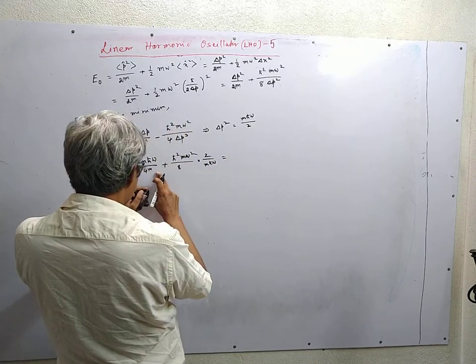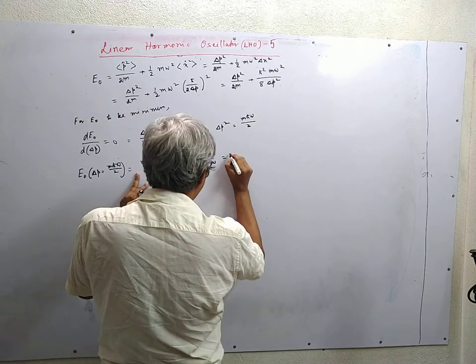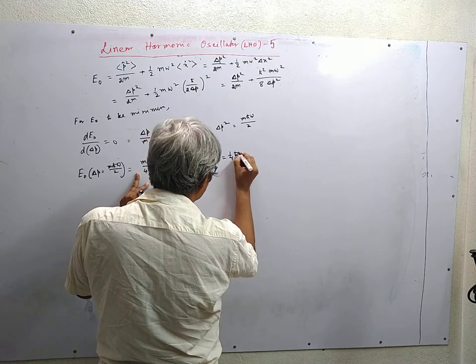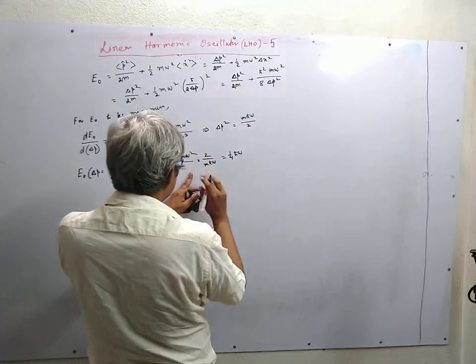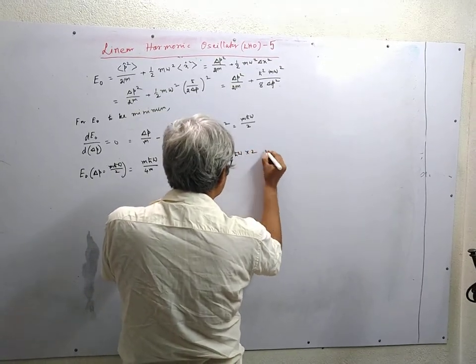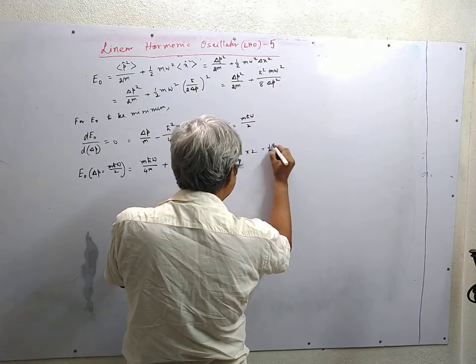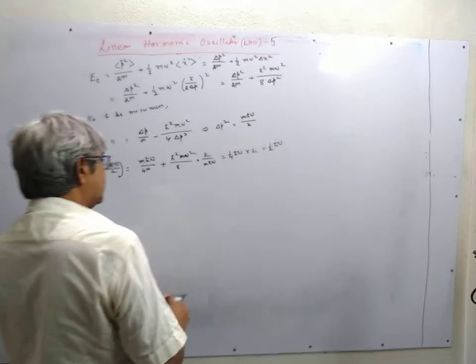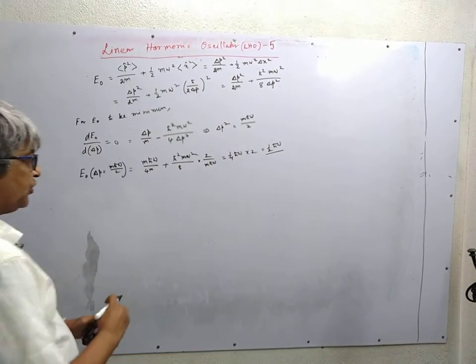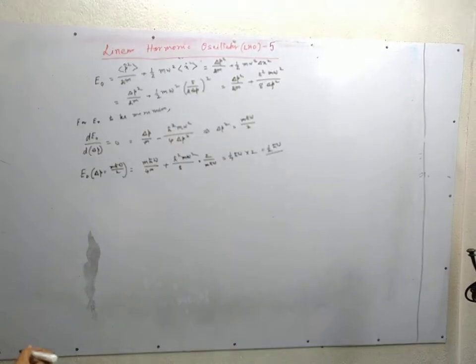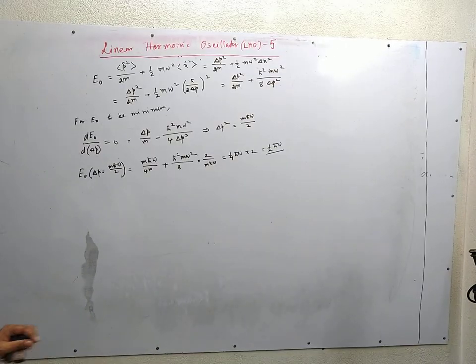So the first term, m cancels out, gives 1/4 h cross omega. The second term has also the same contribution, so this is half h cross omega. So we see that the zero point energy is actually in accordance with the uncertainty principle.